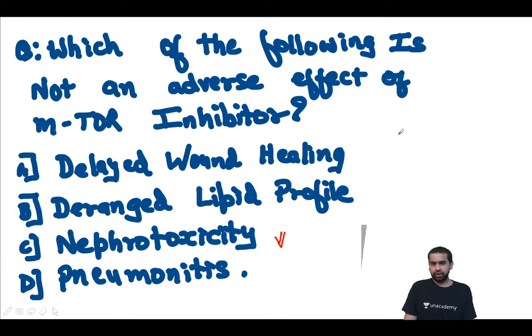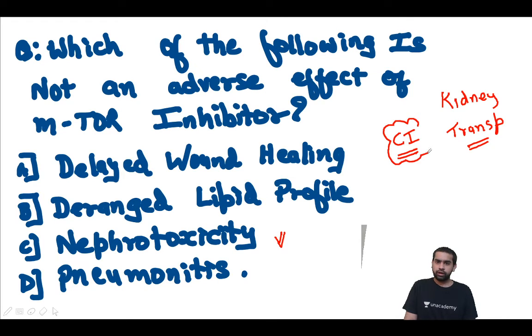Because the calcineurin inhibitors we have are basically the mainstay of immunosuppression drugs. Now let's assume you have someone with a kidney transplant. One of the very important side effects of calcineurin inhibitors is that it causes nephrotoxicity.